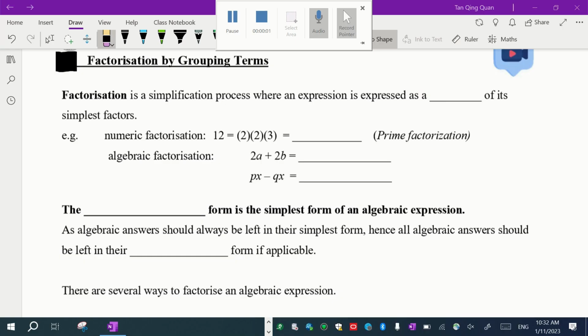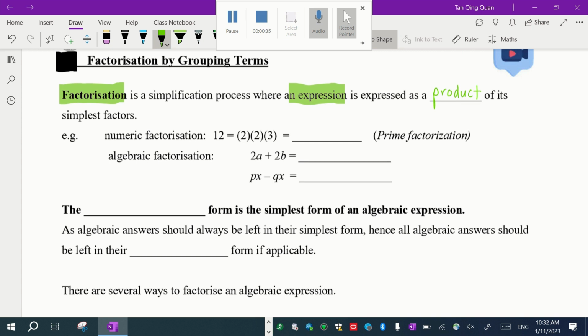Hello everyone, welcome to this part of the video where we are going to explore factorization by grouping terms. Now, what is factorization? It is a process whereby an expression is expressed as a product of its simplest factors.